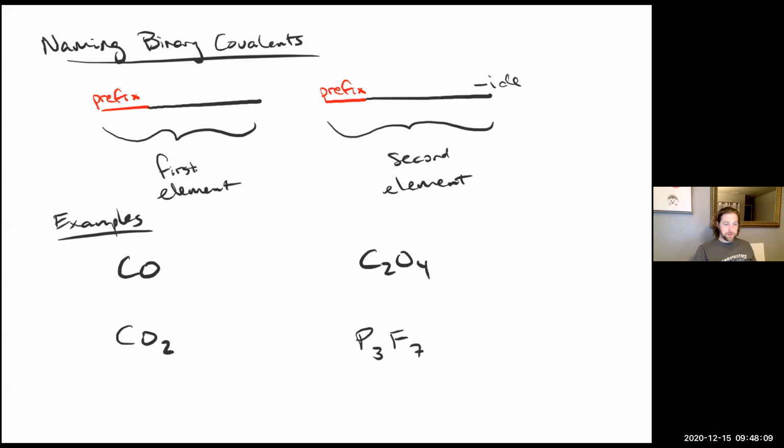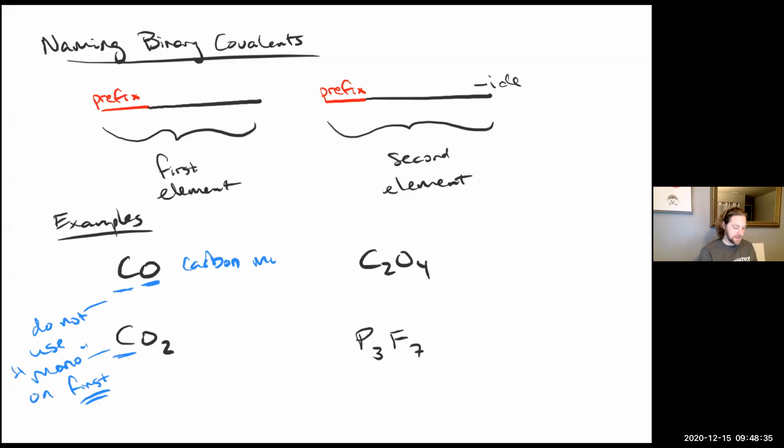So the first two you've heard of. We're not going to use mono on the first one because if there's just 1, you do not use mono on the first element. So we're just going to say carbon. But the second, oxygen, only has 1, so we're going to say carbon monoxide.